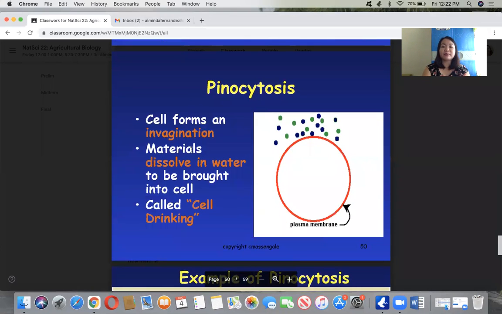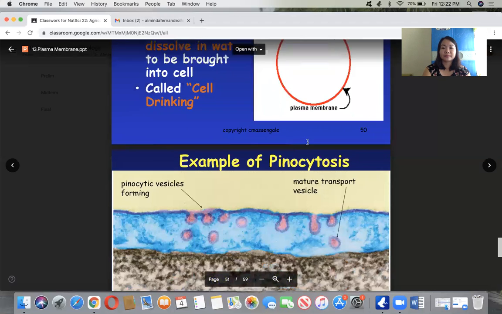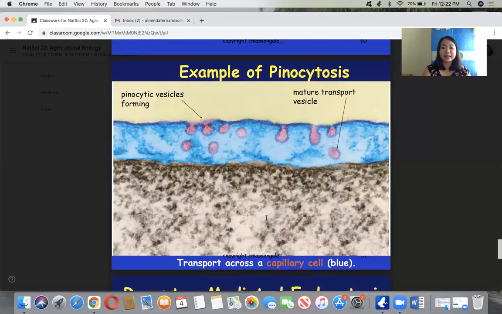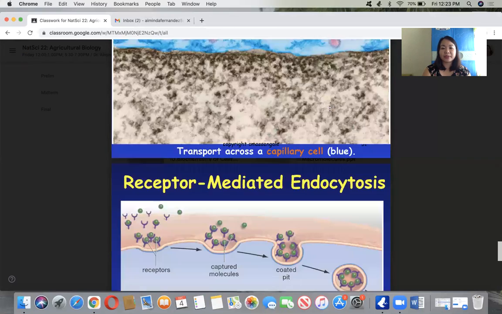The cell forms an invagination, and materials dissolved in water are brought into the cell, called cell drinking. Another example is the transport across a capillary cell in this blue portion, wherein pinocytic vesicles are formed and transport across the membrane.